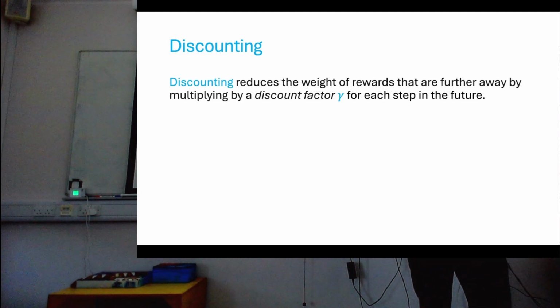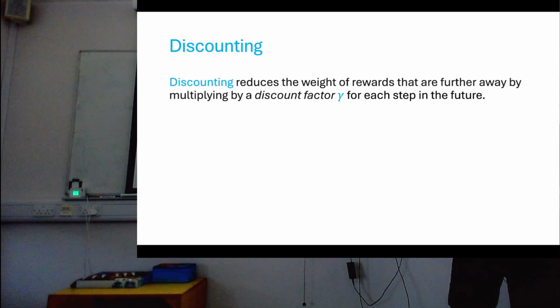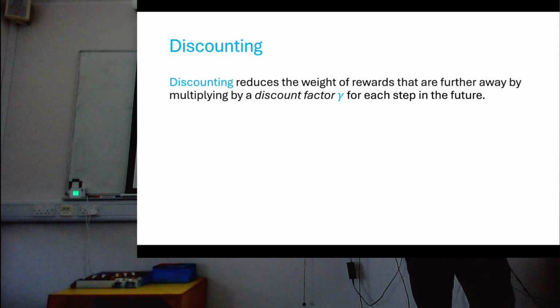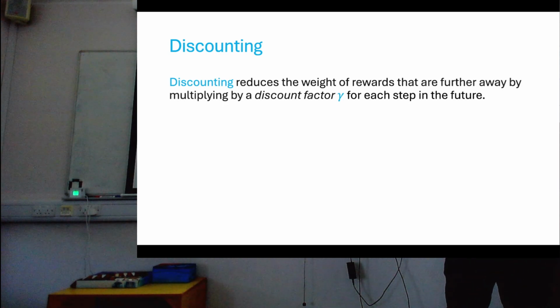Gamma is always less than 1, which means I'm down-weighting rewards that happen further away in time. Typically it's pretty close to 1. A normal number for gamma is 0.99. It just means that if I could choose between getting plus 1 now or plus 1 in one time step, the value of plus 1 in one time step is just gamma, or 0.99. So I'm discounting it by a factor of gamma.